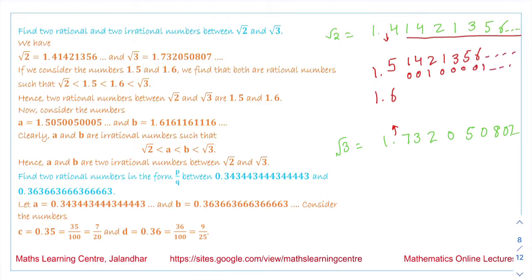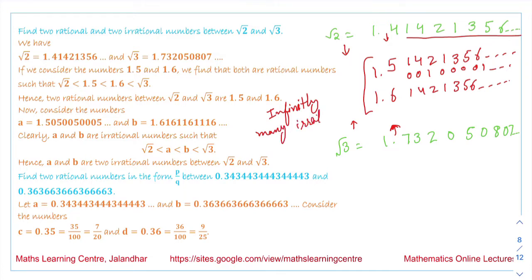You can write any of these numbers. All these will be greater than this and less than this. You can write 1.6142135 6 and so on. This number will be less than this and greater than this. So you can insert infinitely many irrational numbers.